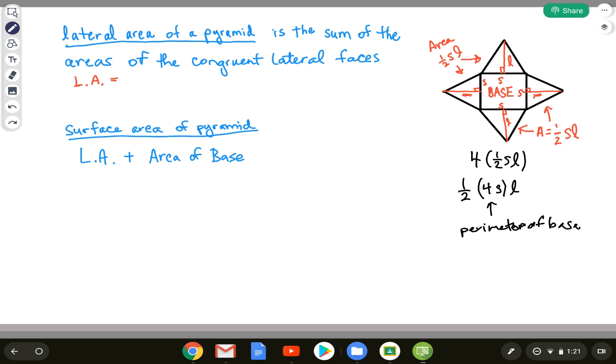So we could think of this as 1/2 times the perimeter times the slant height. So that's what I'm going to write for my formula.